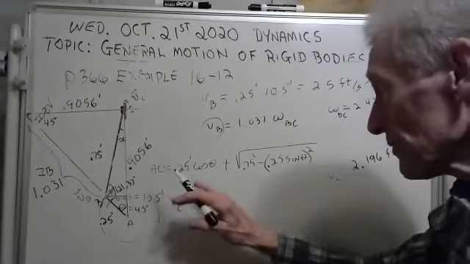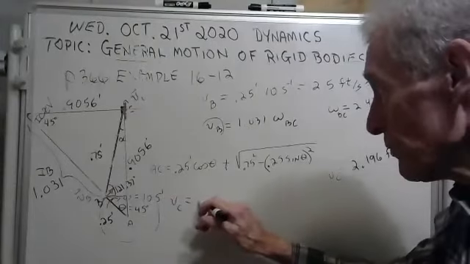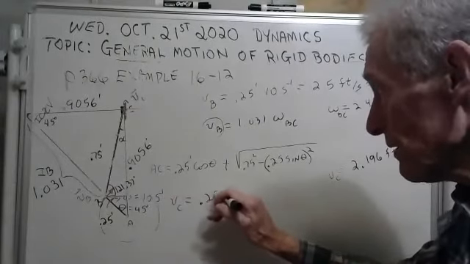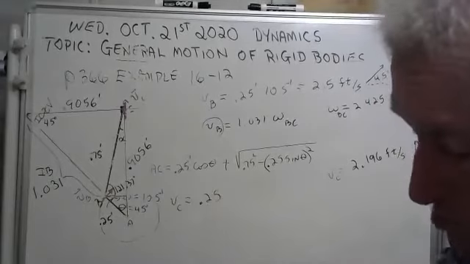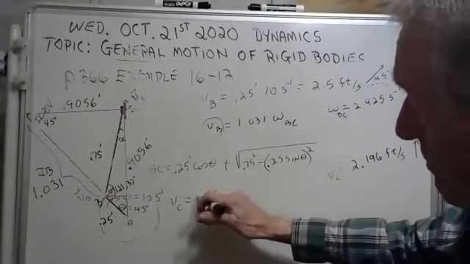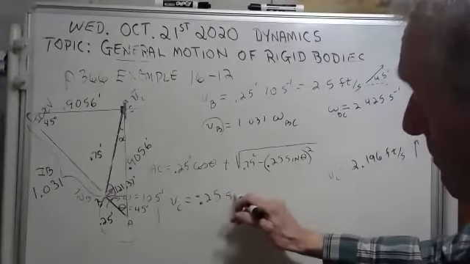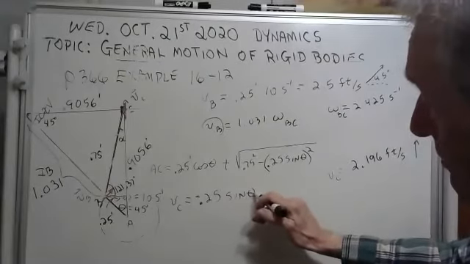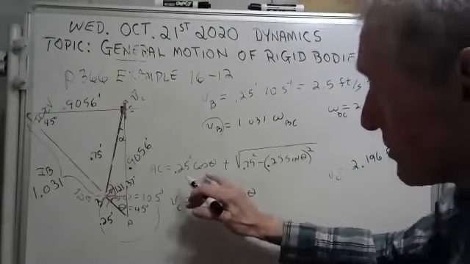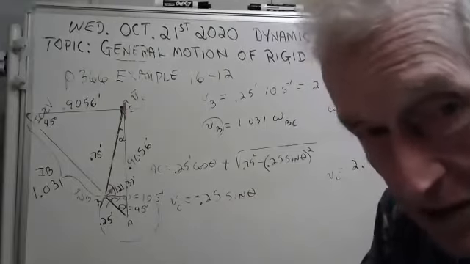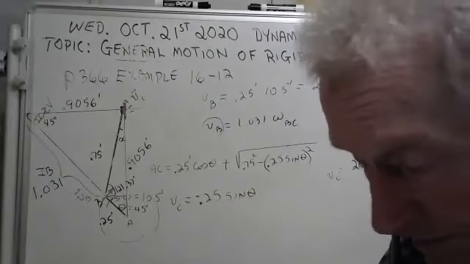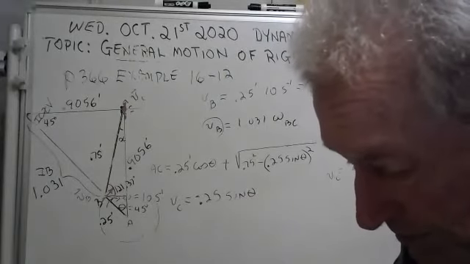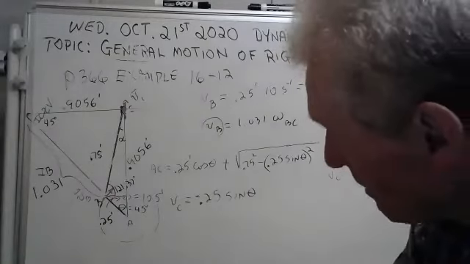Now, the derivative of this is 0.25, I think it's negative sine theta, isn't it, calculus students? When you take the derivative of the cosine, it's the negative sign, isn't it? Somebody say, uh-huh. Yeah.